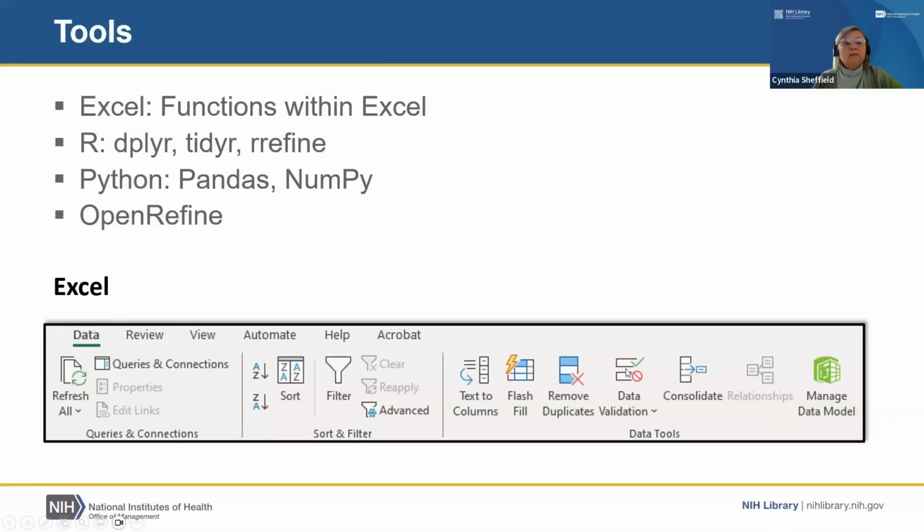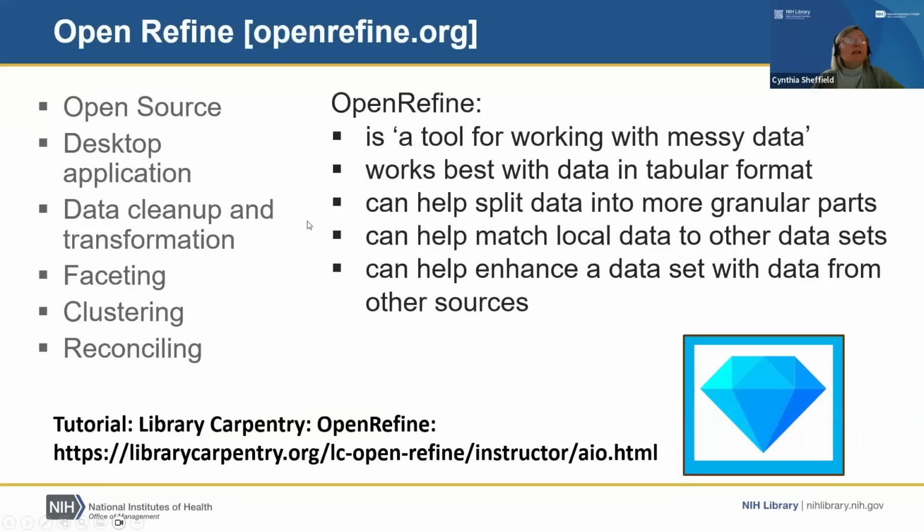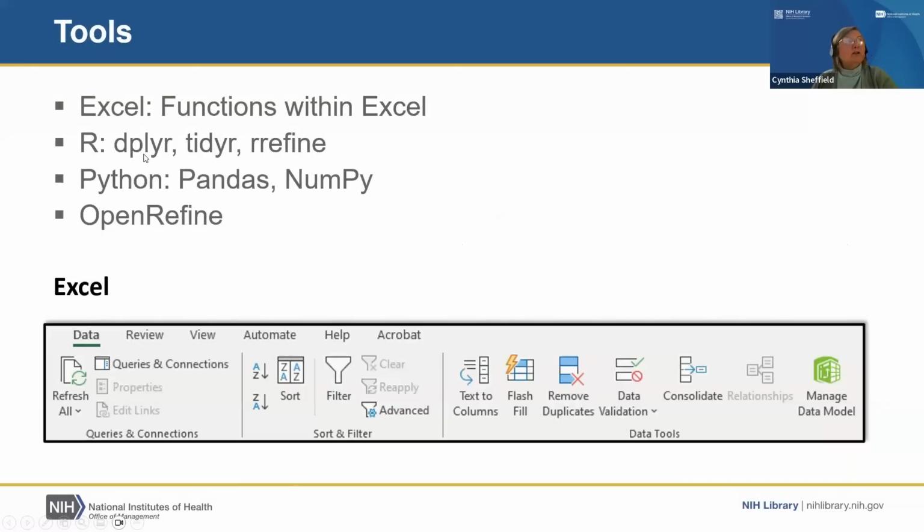Converting text to columns, data validation and consolidate tools are right there on your toolbar for you. If you're working in R, then you're going to want to use an R library called dplyr or tidyR, or there's also an R refine. And in Python, we talked about the pandas and the NumPy libraries.